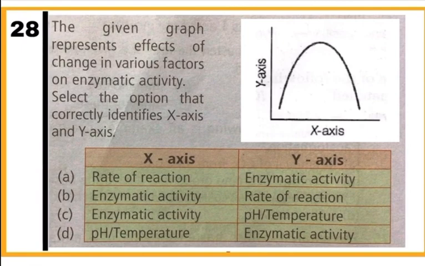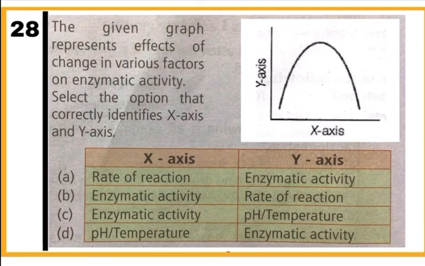Question 28. The given graph represents effect of change in various factors on enzymatic activity. Select the option that correctly identifies x-axis and y-axis. Enzymes generally function in a narrow range of temperature and pH.